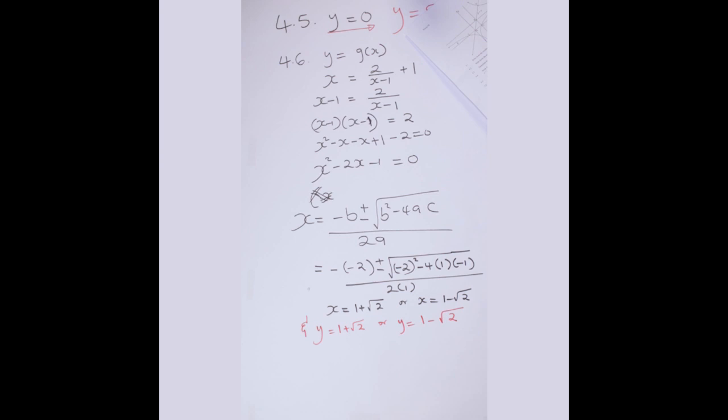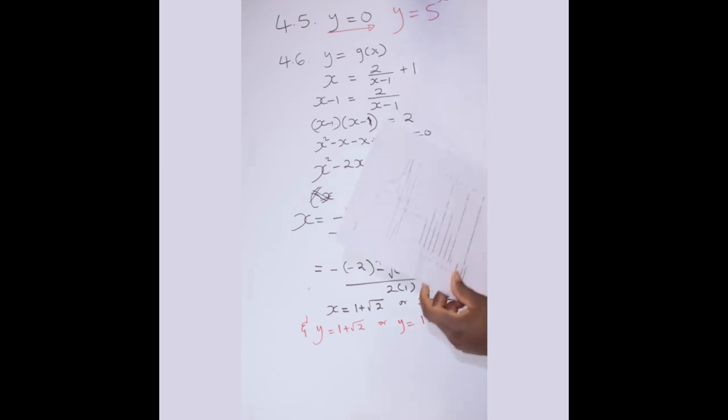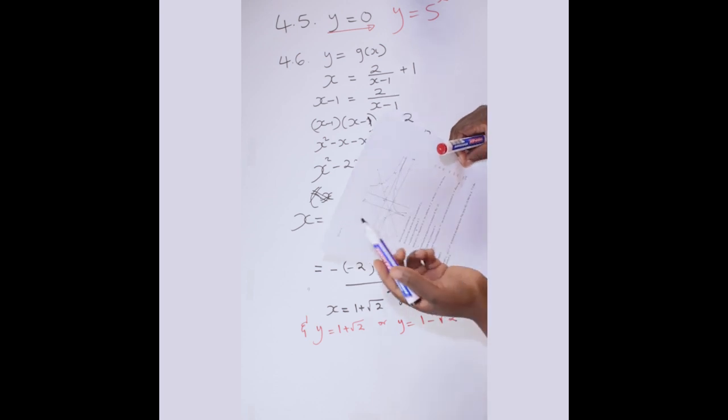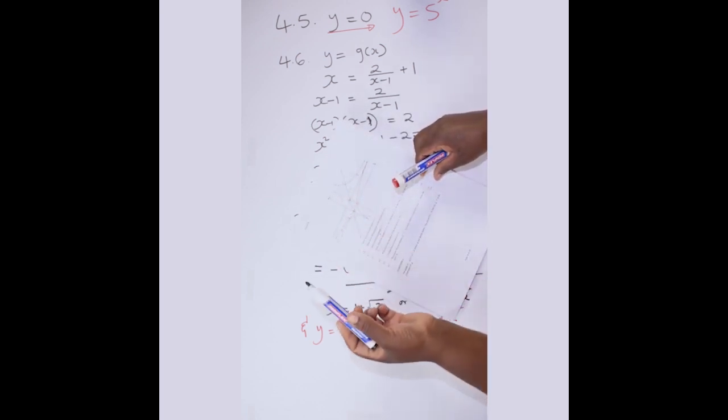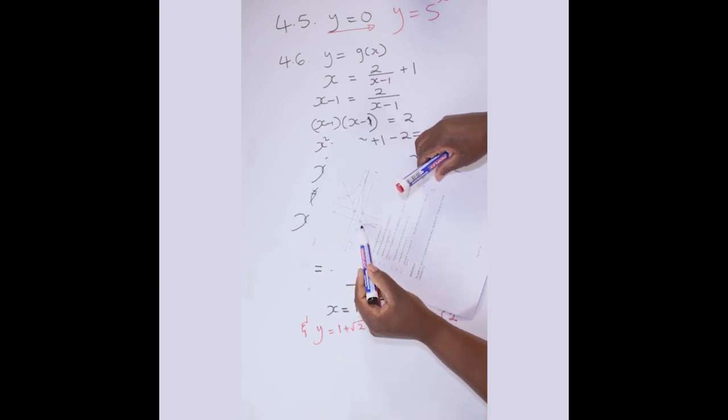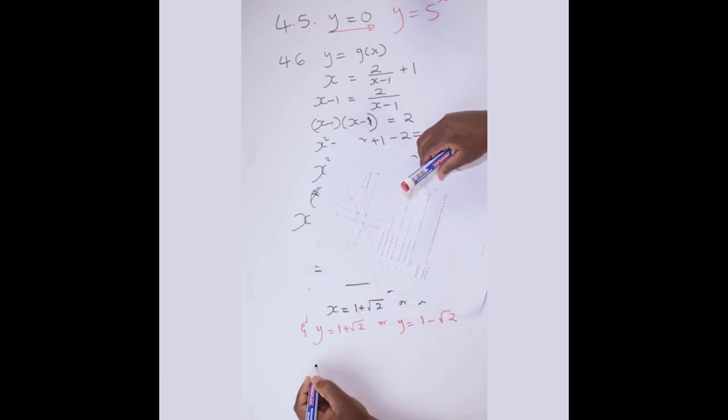So you go back to your graph and you say, okay, where do I find a positive and where do I find a negative intersection? In the first quadrant, I'm going to find the positive intersection, and in the fourth quadrant, I'm going to find the negative intersections. So the coordinates of V are actually the positive one.